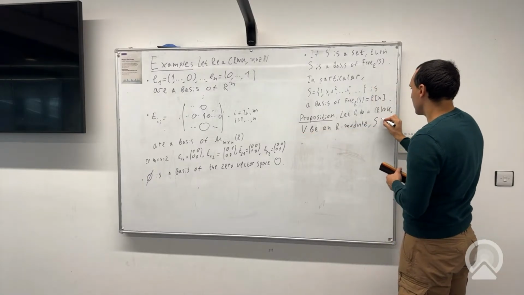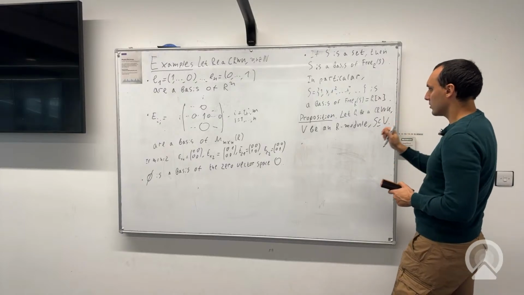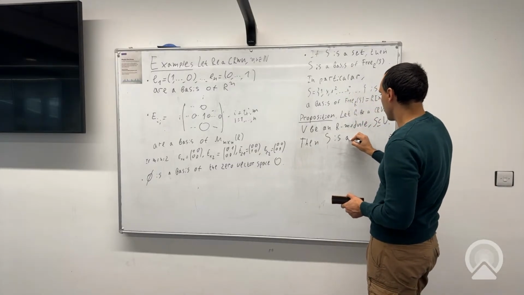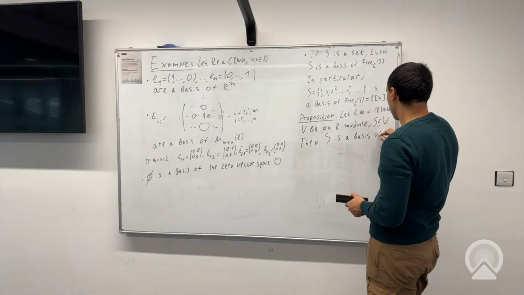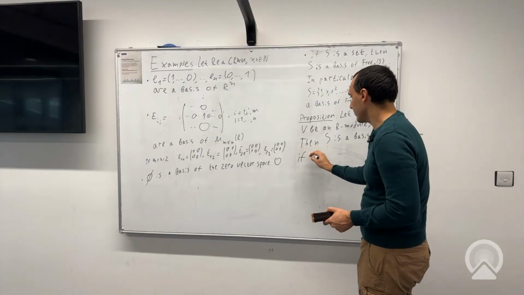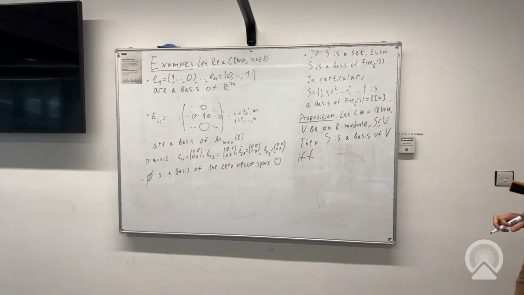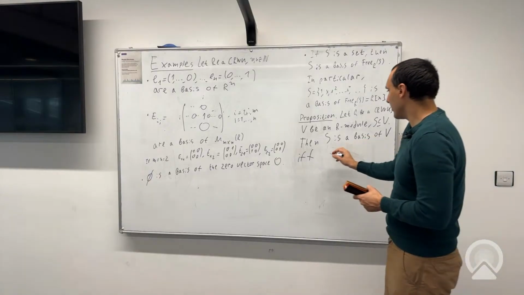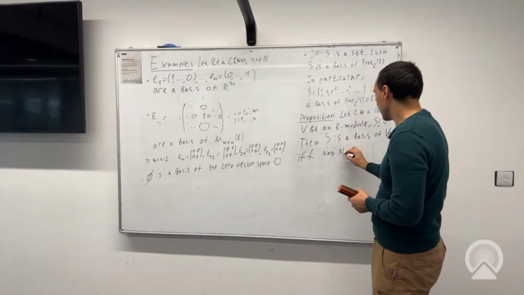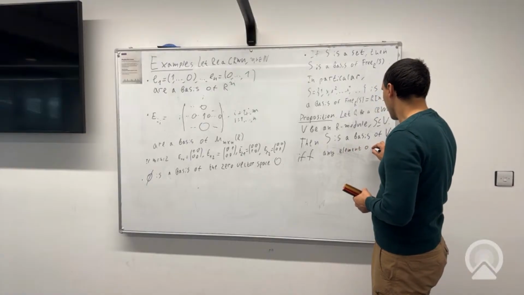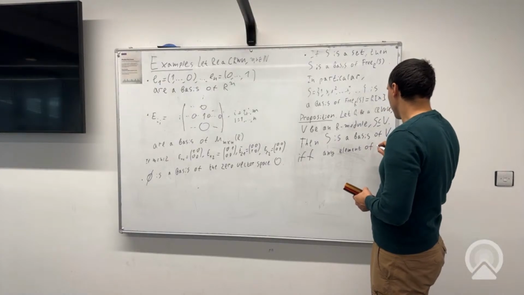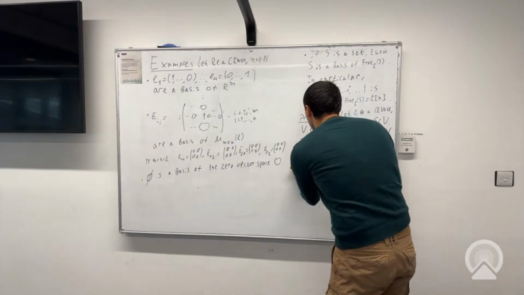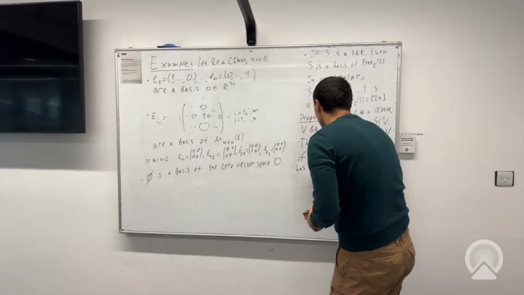Then S is a basis of V if and only if any element of V has a unique expression.